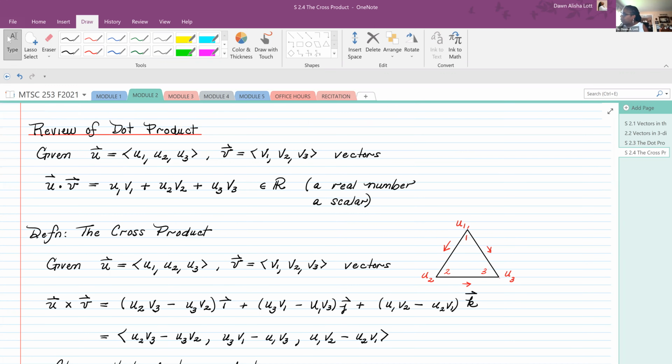Then the dot product is also called the scalar product, because it's a scalar.